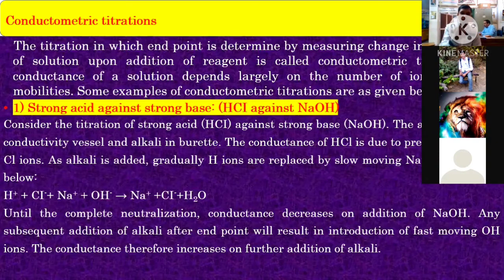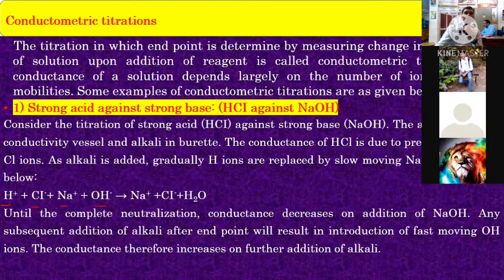Here is one reaction: when a strong acid is treated with a strong base, a neutralization reaction gives salt and water. You can see in the slide, H plus Cl minus plus Na plus OH minus is an ionic reaction because both are ionic compounds, and dissociation is easy. It forms Na plus Cl minus and H2O.